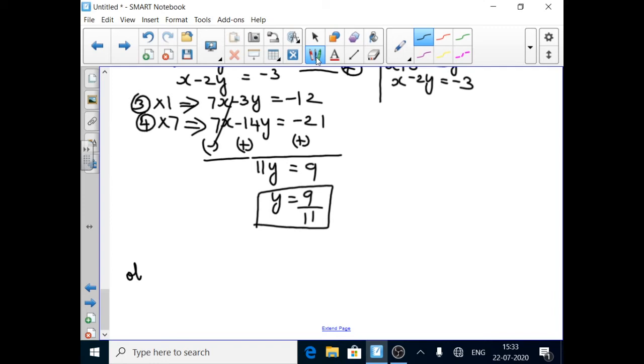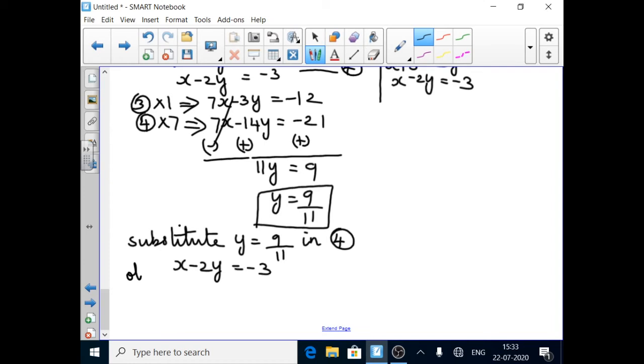Now substitute y equal to 9 by 11 in the fourth equation. So write the fourth equation: x minus 2y equal to minus 3. Since the coefficient of x is smaller, I take that equation. So x minus 2 into 9 by 11 is equal to minus 3.